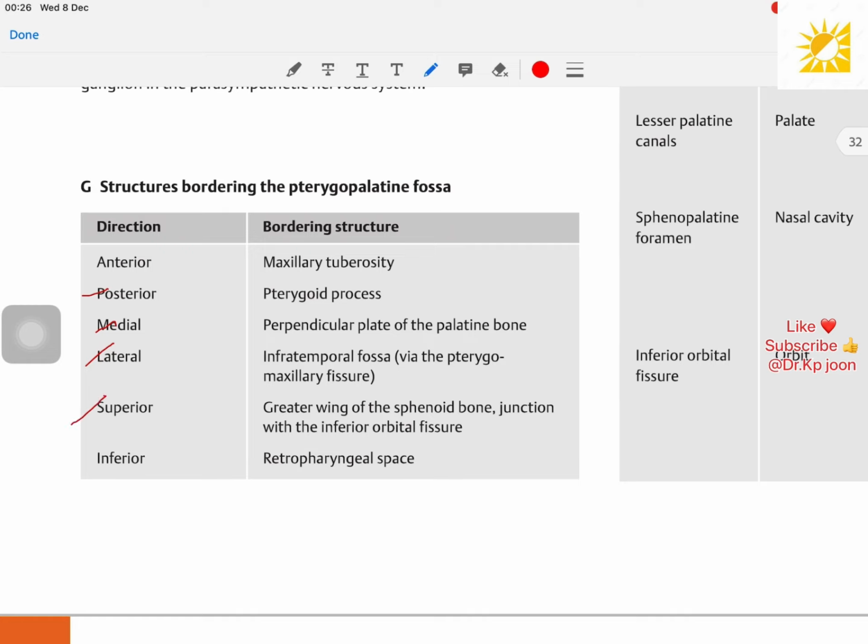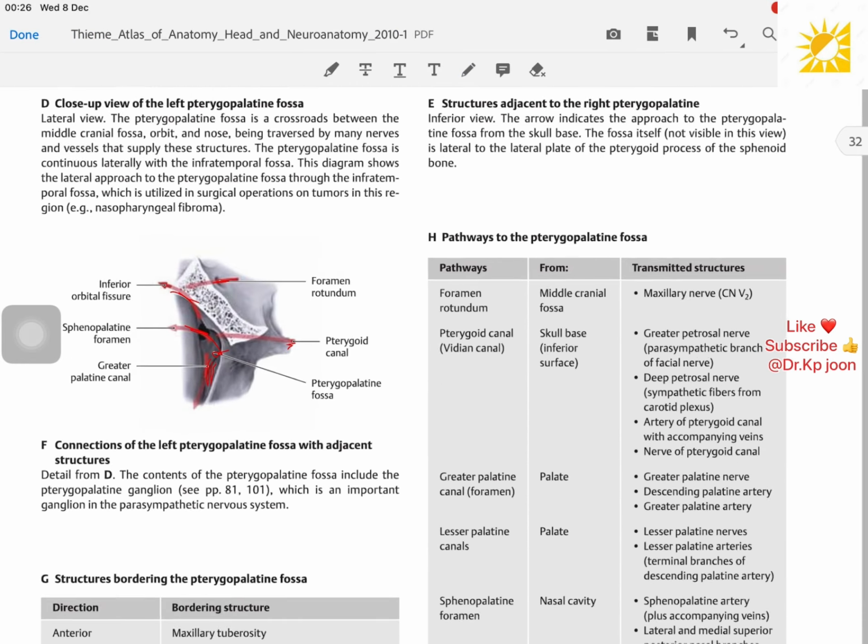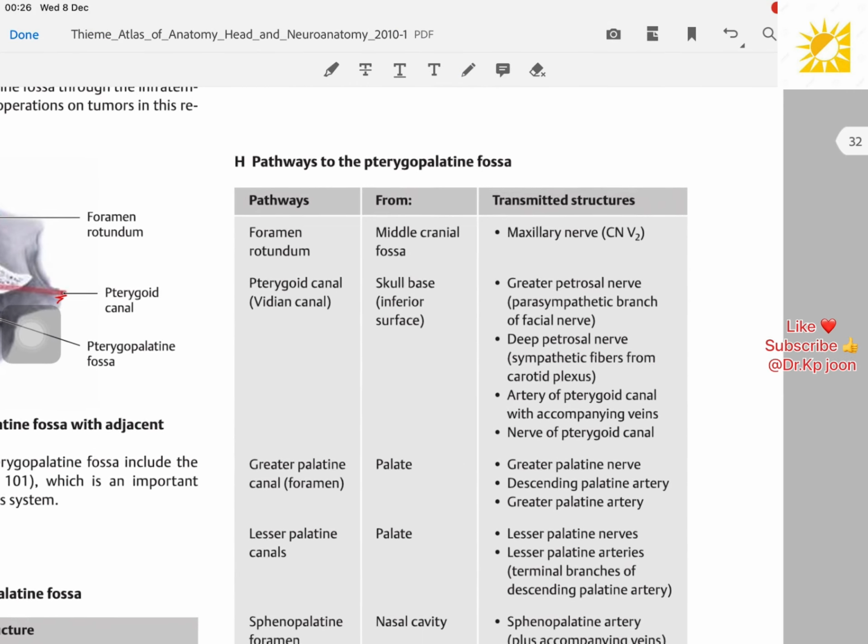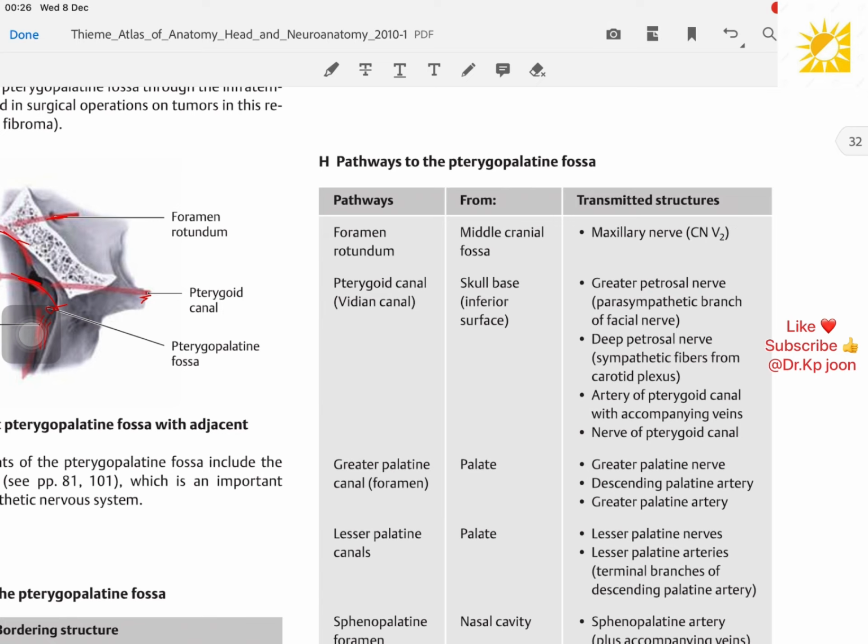Superior is the greater wing of the sphenoid bone, with the junction of the inferior orbital fissure, and inferior is the retropharyngeal space.